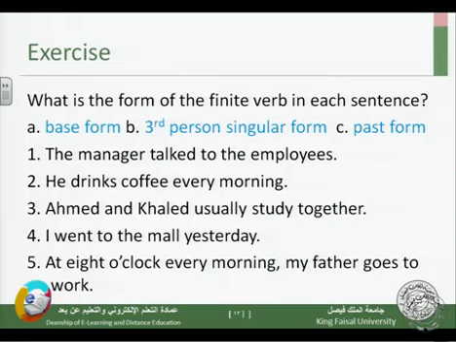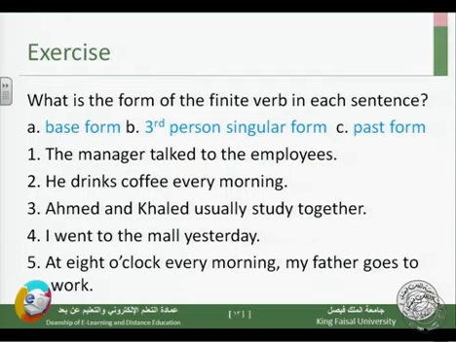Number 3, Ahmed and Khalid usually study together. The verb here is study, and as you notice, we don't have ed, we don't have the third person singular marker, so it is the base form of the verb. So the answer for number 3 is A, base form.